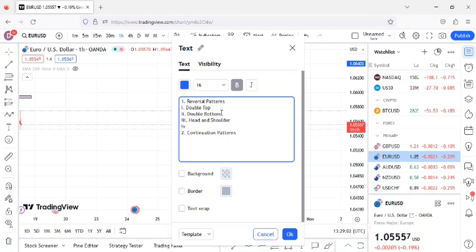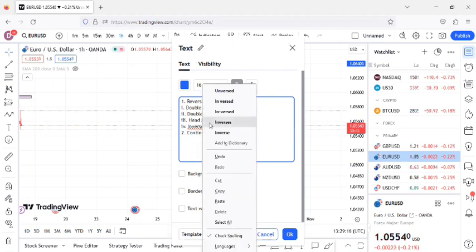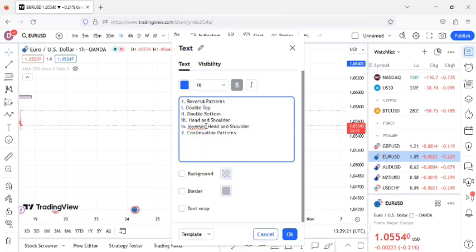Four, we have inverse head and shoulder.